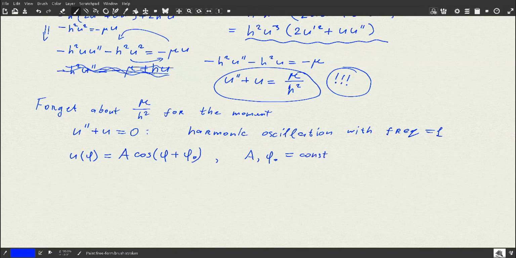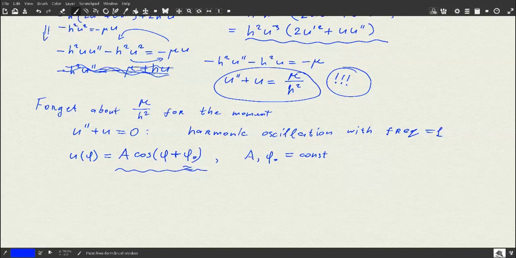Obviously, instead of cosine you can use sine, because cosine and sine turn into each other depending on the choice of phi 0. Let's say A times cosine phi plus phi 0.